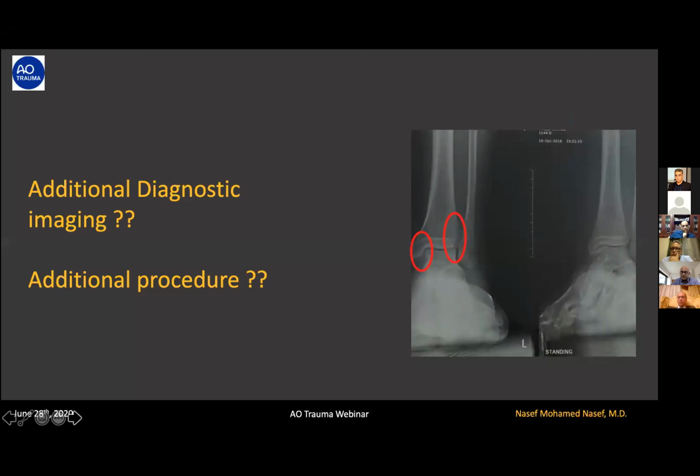Dr. Nasef, according to what you have said, the weight bearing is a good positive, but it is not a negative. Actually, Dr. Zahir, it's the opposite. The gravity stress is not a good positive, but it's a good negative.